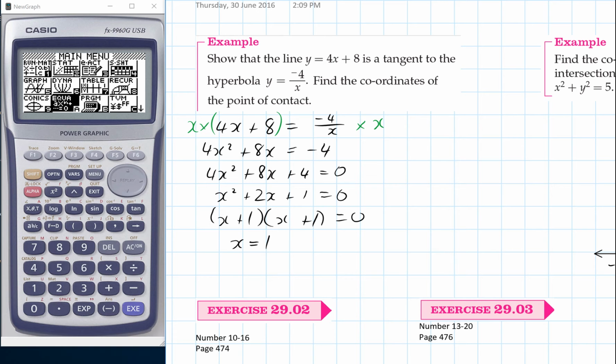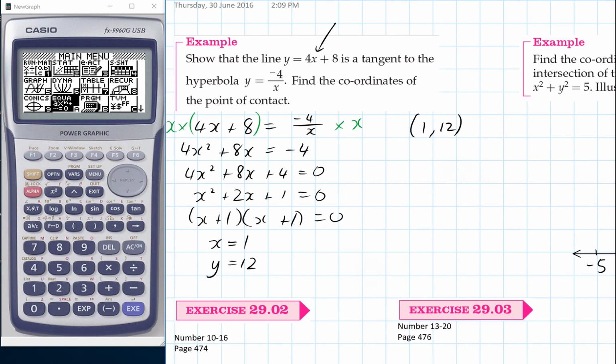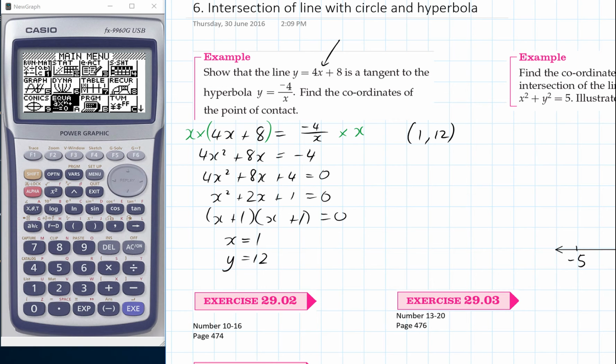It's asking us for the coordinates of the intersection, so we'll put that value back into our original equation instead of x, which gives us negative 12. So we have one point of intersection at (negative 1, negative 12). Given that we only have one solution to this problem, that shows that the line would be a tangent. That's the only way we can have it touch only once.